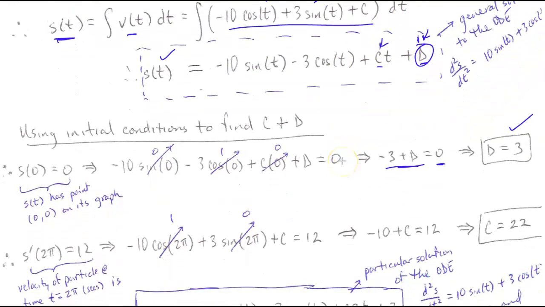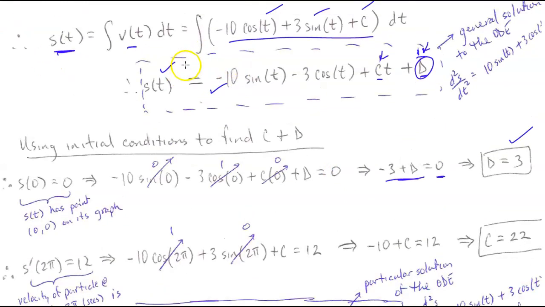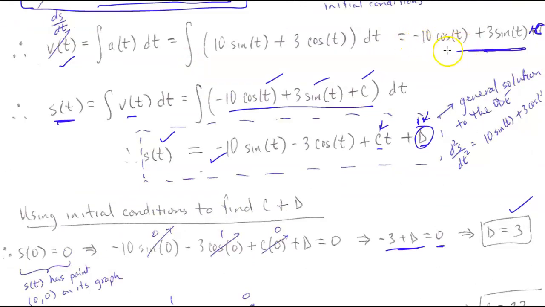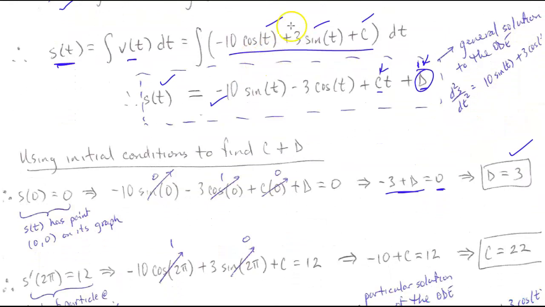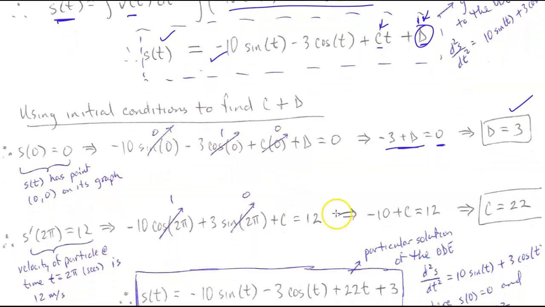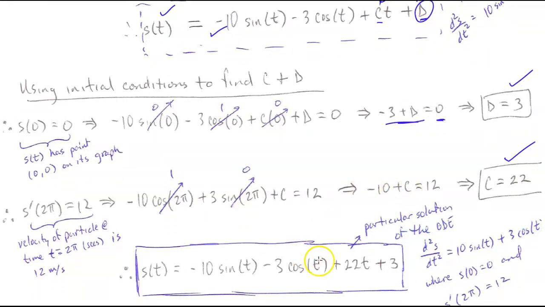We also see that if we were to take the first derivative of this particular function, which is essentially just your velocity function here, and let t equal 2 pi and set it equal to 12, then we see that the result ends up being c is equal to 22. So from that, we see that c is equal to 22, d is equal to 3, and this is our specific or particular solution to this second order differential equation that we're asked to solve.